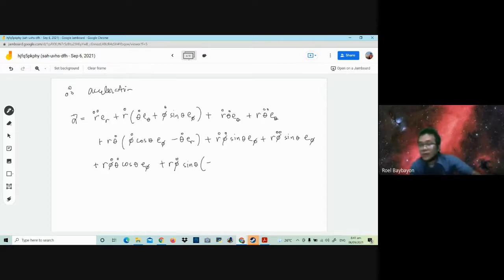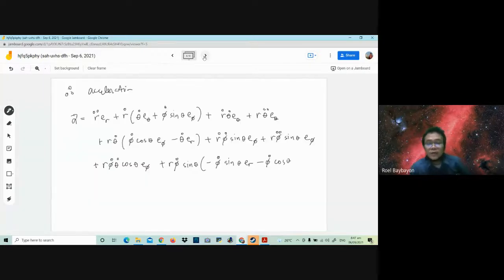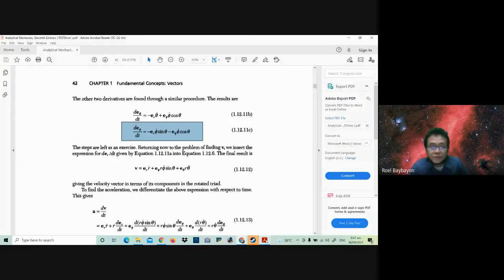This one is minus phi sine theta ER minus phi cosine theta. Is this theta? The phi dot, theta ER cosine theta E phi. It seems I made a mistake. E phi.